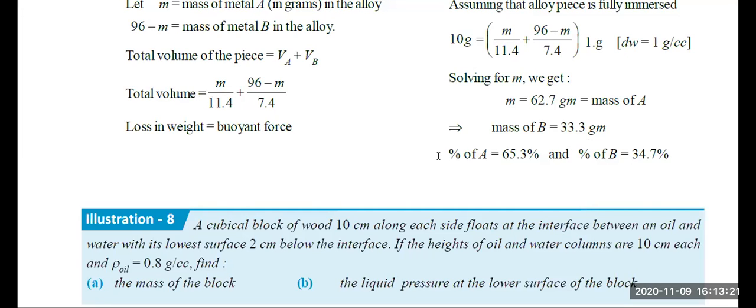Read the question first, write the information, think about the concepts, then proceed. Step by step, guys, step by step.